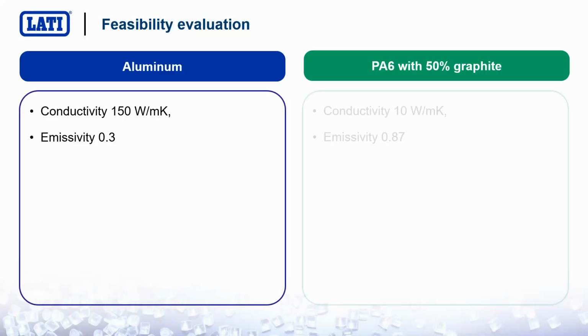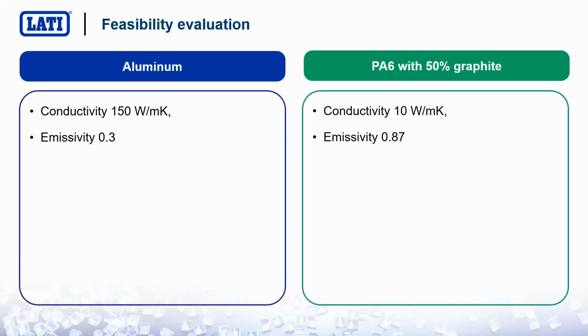So the first question you may have is, how is it possible that a component that was typically produced in aluminum, because you needed to dissipate heat, is now feasible with a thermoplastic compound, a conductive thermoplastic compound? We all know that the thermal conductivity of metals is quite high, the highest possible.